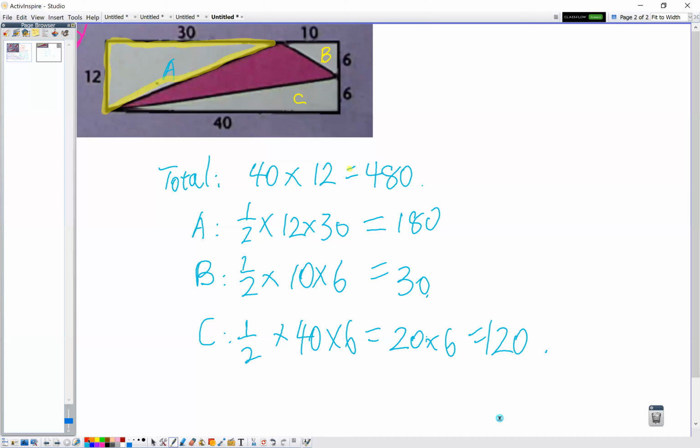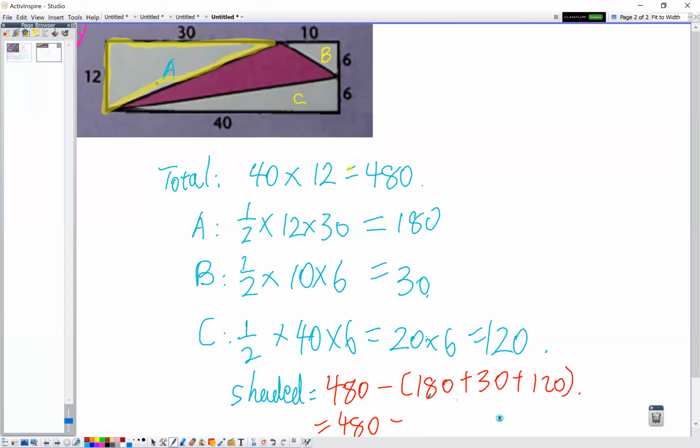That's fine. So now we can find the shaded part. The total is 480. We take away A and B and C together: 480 minus 180 minus 30 minus 120. So this together becomes 330. Take away 330, the answer is 150 centimeters squared.